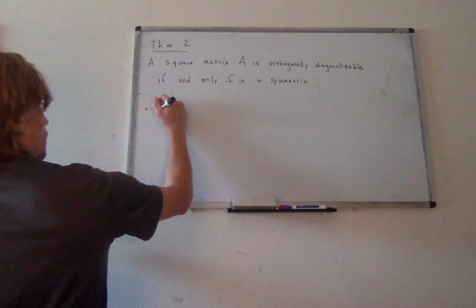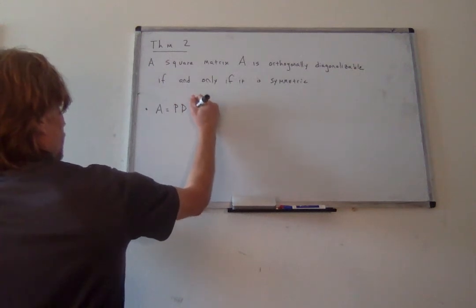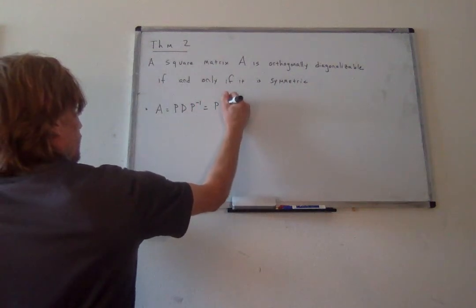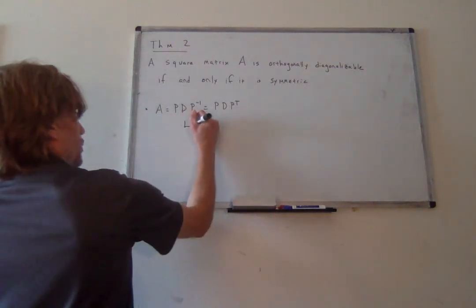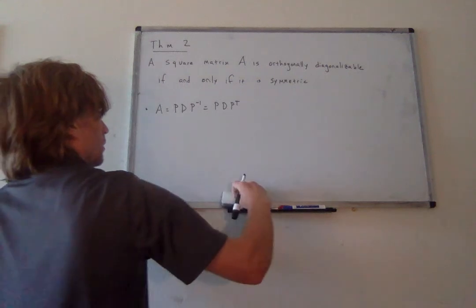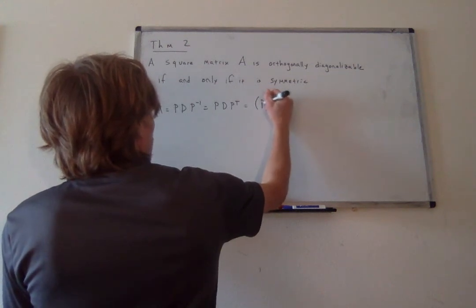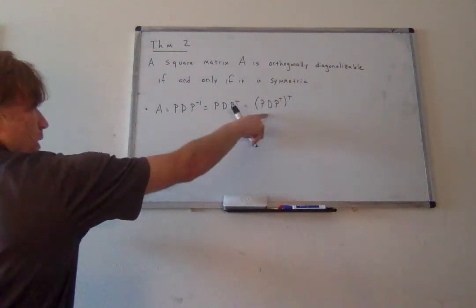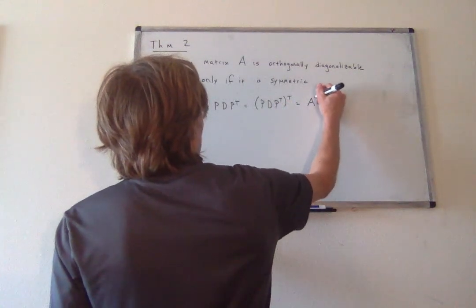But what I want to end with is showing that if the matrix is orthogonally diagonalizable, then the matrix is symmetric. So if the matrix is orthogonally diagonalizable, then A is equal to P times D times P inverse, which is equal to P times D times P transpose, because P is an orthogonal matrix. And this is equal to P times D times P transpose transposed, because the transpose of a diagonal matrix is the same matrix, and this is equal to A transpose.